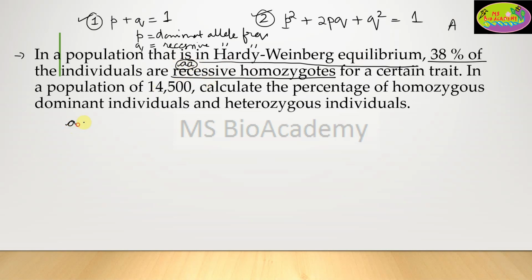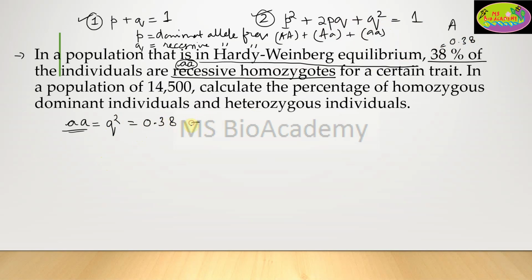So aa is basically what? It is Q square, right? Like this way only we have done. So Q square they have given is 0.38. 38% you can write down as 0.38, correct?